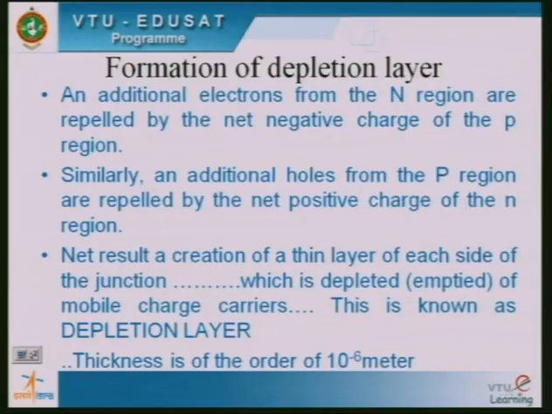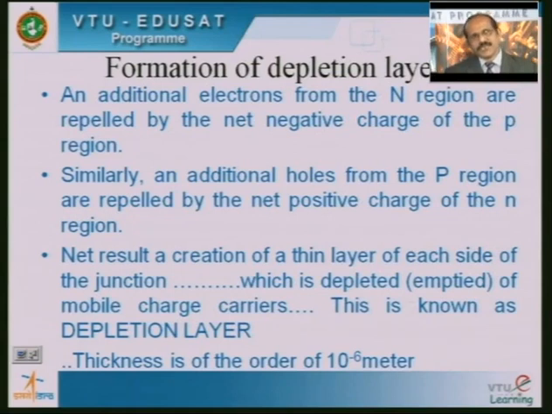At one point the migratory action stops. Additional electrons from the N region are repelled by the net negative charge of the P region. Similarly, additional holes from the P region are repelled by the net positive charge of the N region. The net result is a thin layer on each side of the junction which is depleted, that is, emptied of mobile charge carriers.